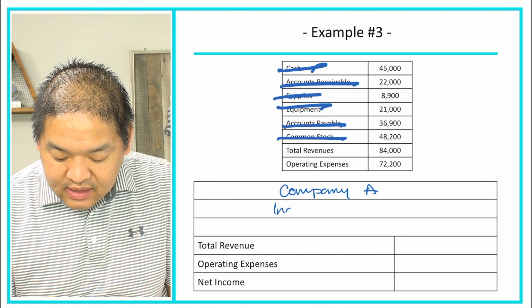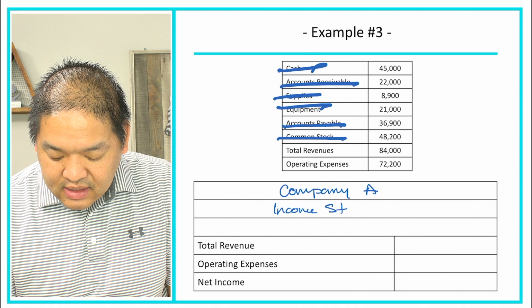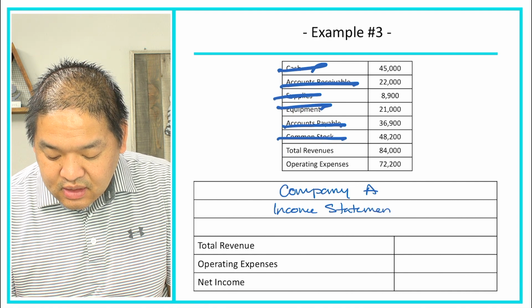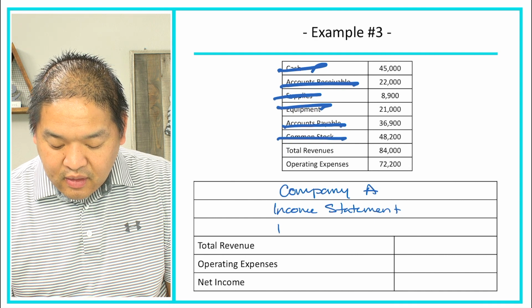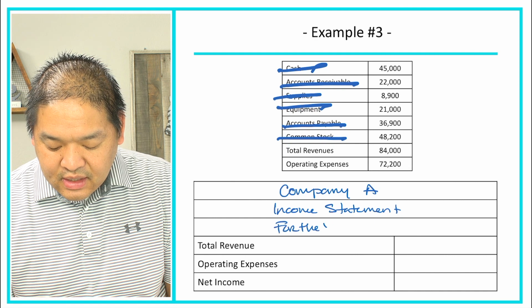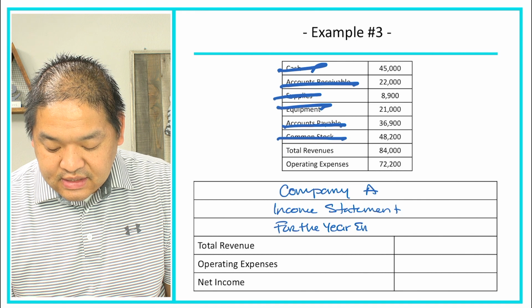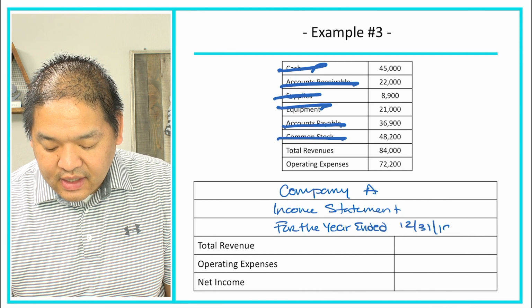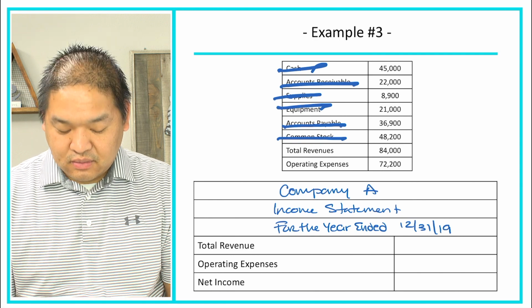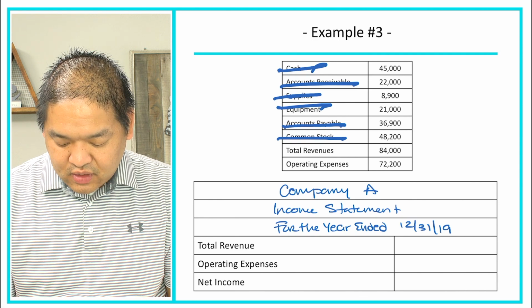This is the income statement. And what period is this for? This is for the year ended 12/31/19. Okay? Or X1.